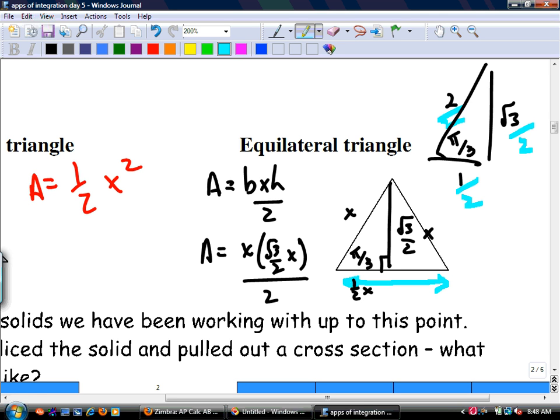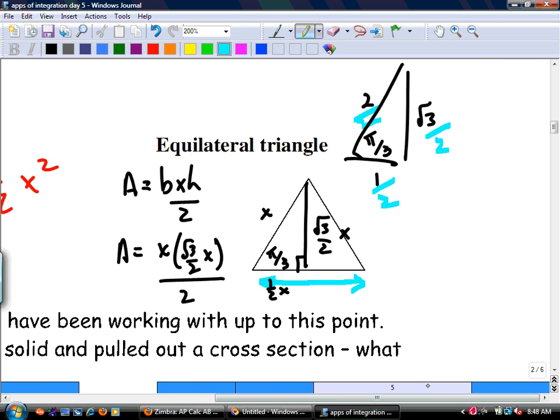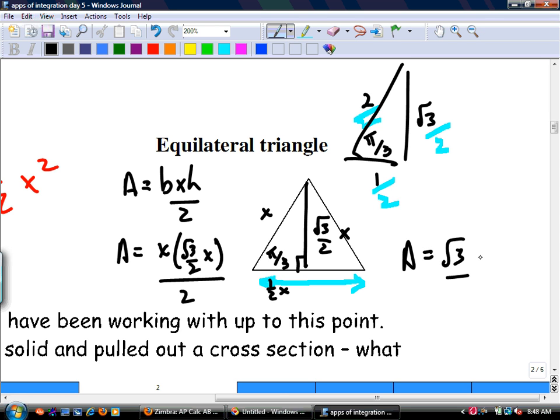Root 3 x squared over 4 is actually the area of that triangle. That 2 drops down into the denominator when you simplify. If you multiply by a fancy form of 1, that's what happens.